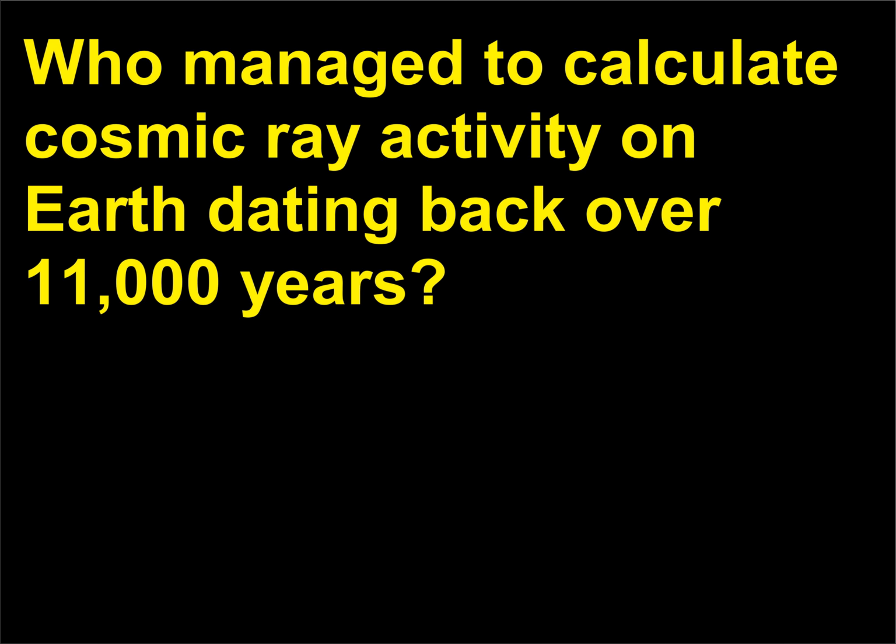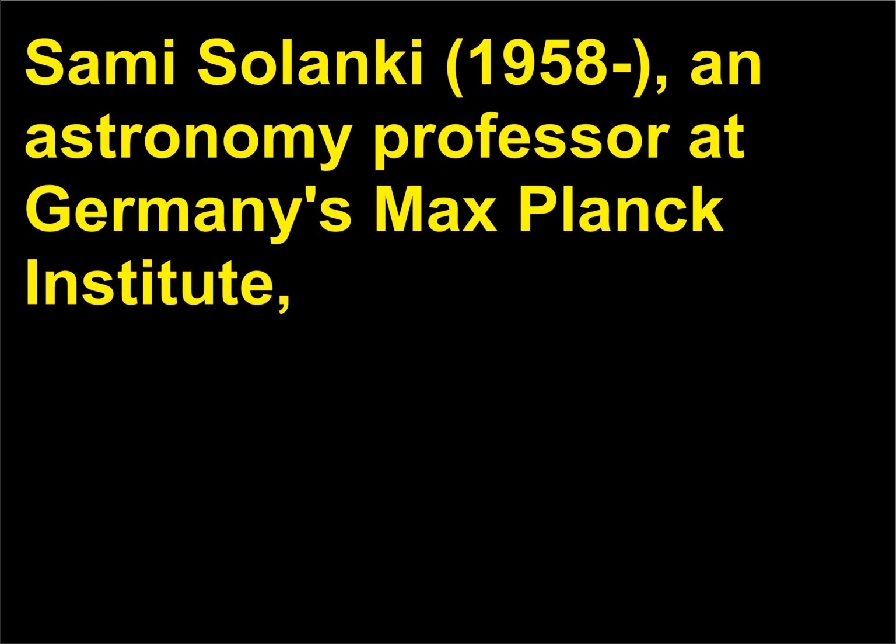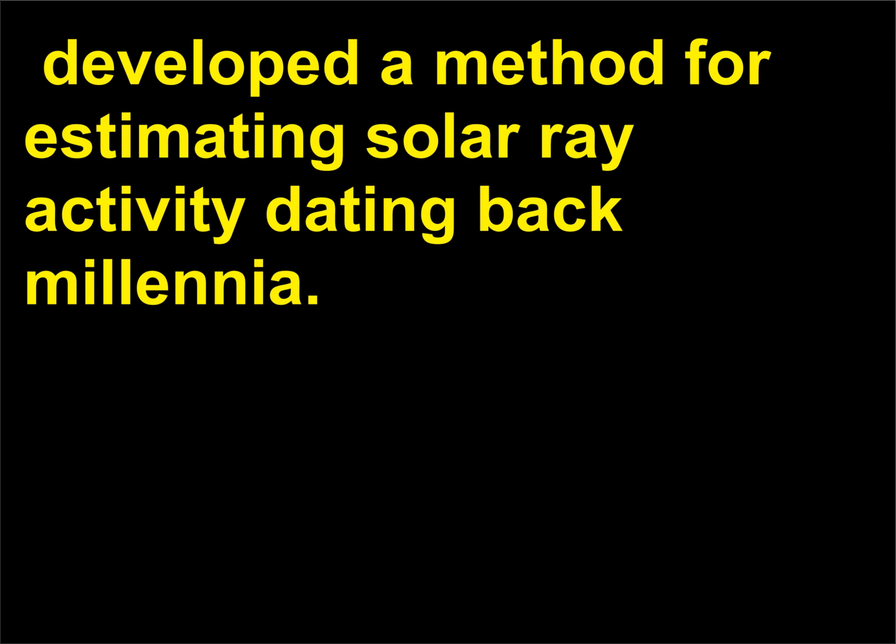Who managed to calculate cosmic ray activity on Earth dating back over 11,000 years? Sami Solanki, born 1958, an astronomy professor at Germany's Max Planck Institute, developed a method for estimating solar ray activity dating back millennia.